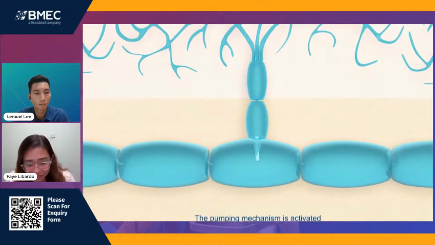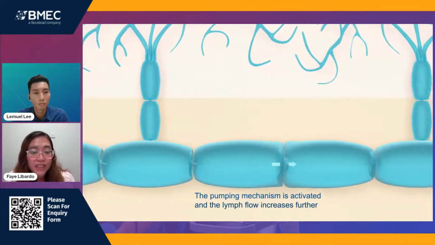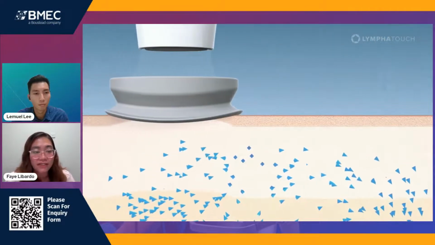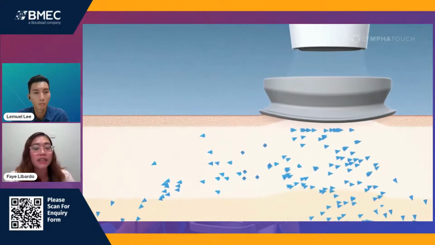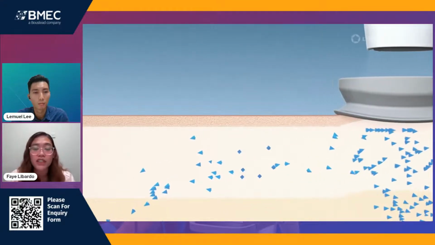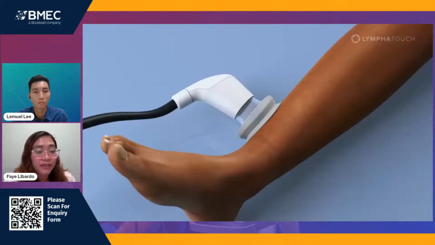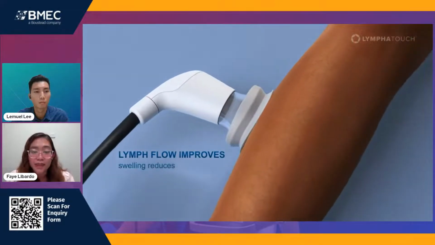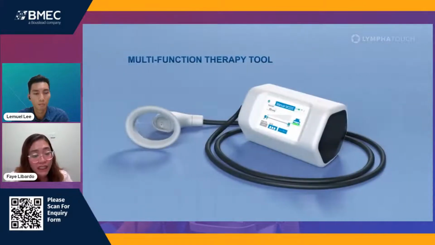This moving in facilitates the pumping mechanism, and the lymph flow is further increased. So you see in this video how our lymphatic fluids are being moved towards a certain area through the negative pressure applied by the LymphaTouch machine. Again, the main purpose is to improve lymph flow and reduce swelling.